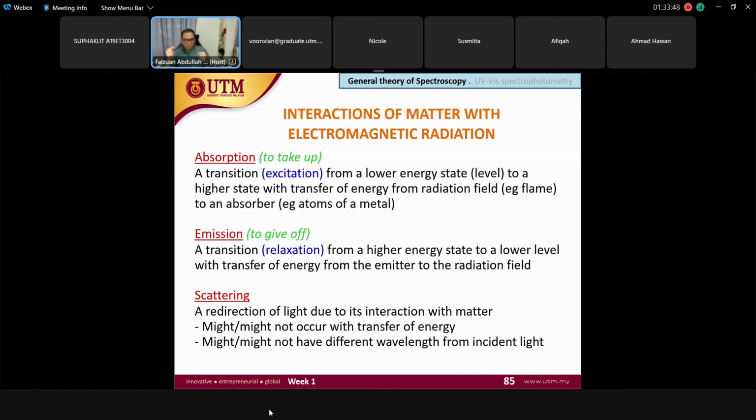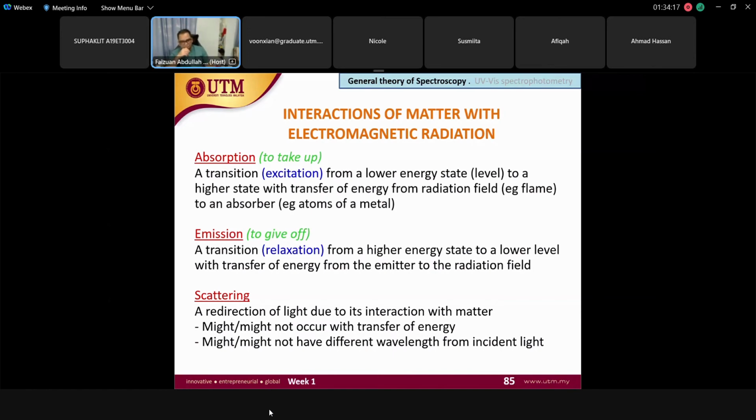Burn it, give it energy. So the sample is burned, excited. A lot of energy is absorbed by the sample, and then naturally all the components inside the sample will emit the energy back, from the excited state to a lower energy state.